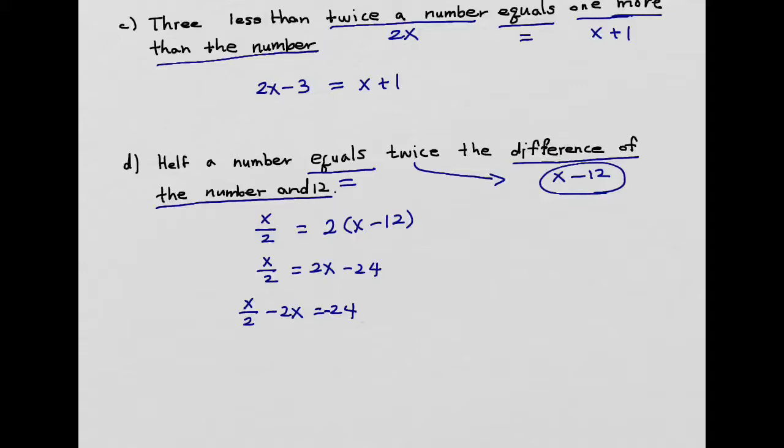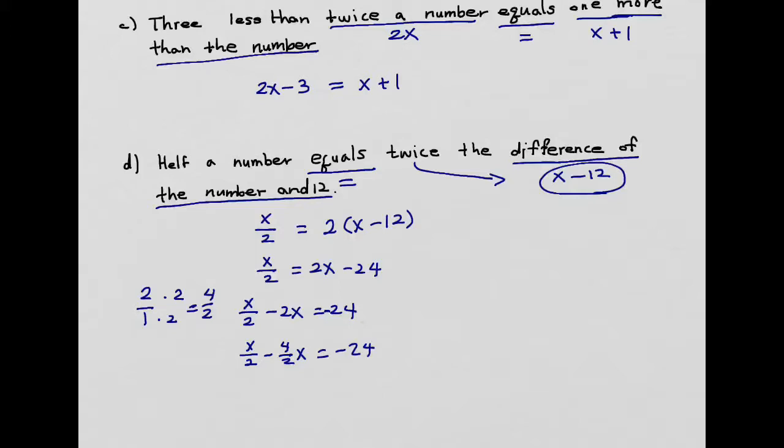In order to do subtraction, you need to have the same denominator. So on the left side, this 2 is the same as 2 over 1. If you want denominator 2, you multiply numerator by 2 and denominator by 2, which gives you 4 over 2, right?